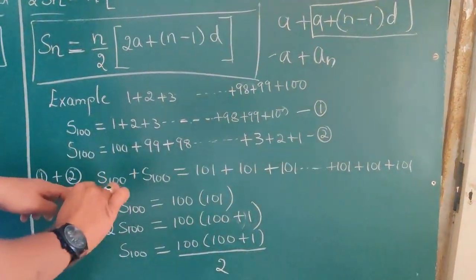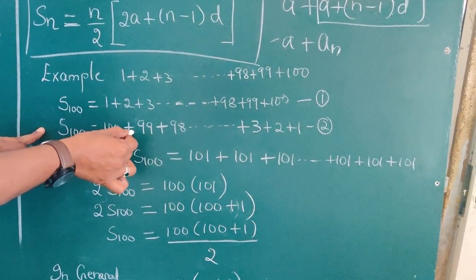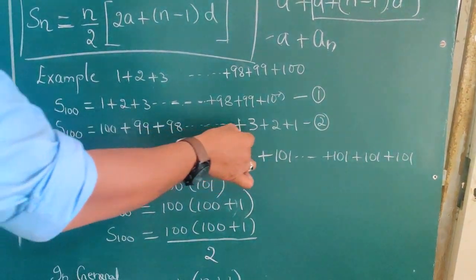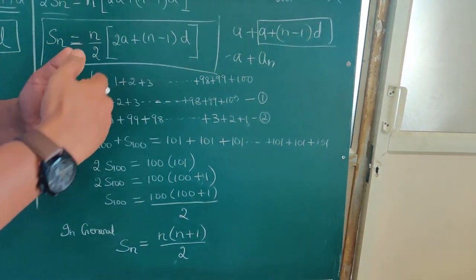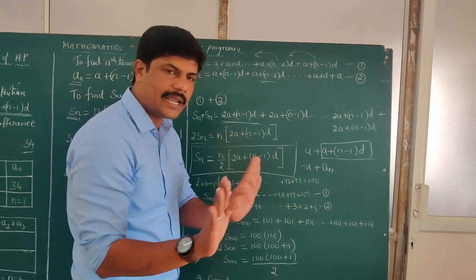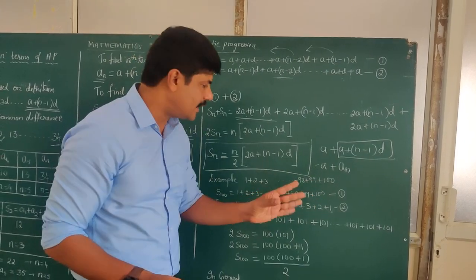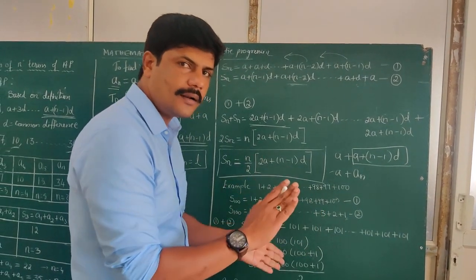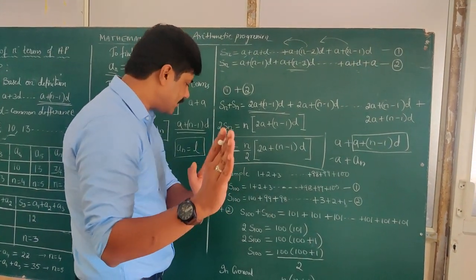Now you reverse it from 100 to 1, and write S100 is equal to 100 plus 99 plus 98 up to 1. Whether you add from 1 to 100 or 100 to 1, it remains the same. It does not make any difference at all. 1 plus 2 is the same as 2 plus 1. That is why we reverse the order and add, because we need to derive the formula. That is the reason why we are doing this.